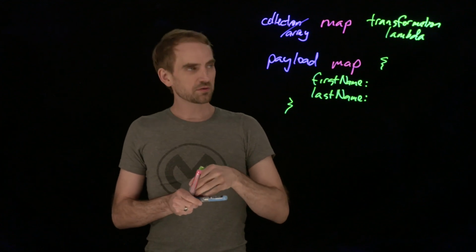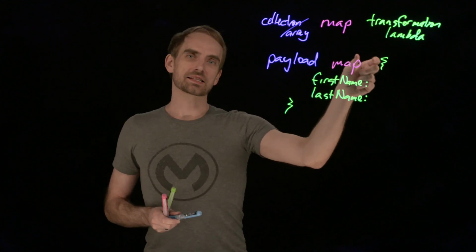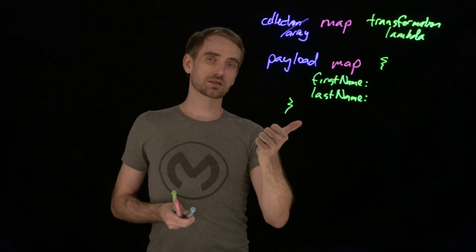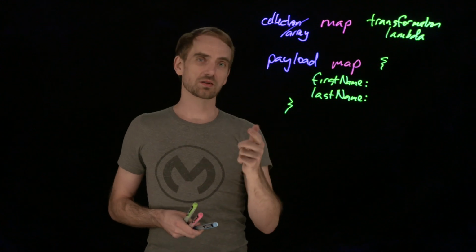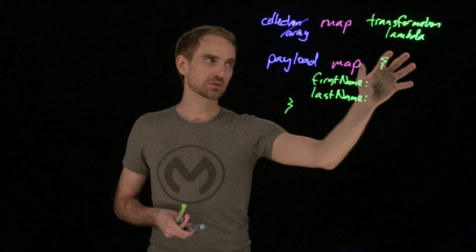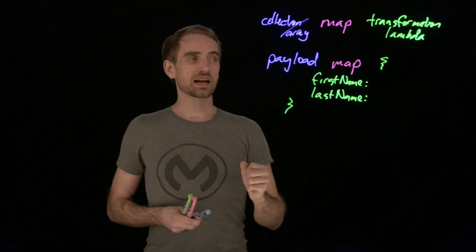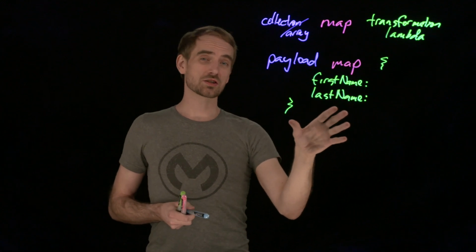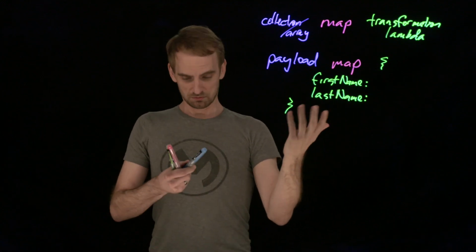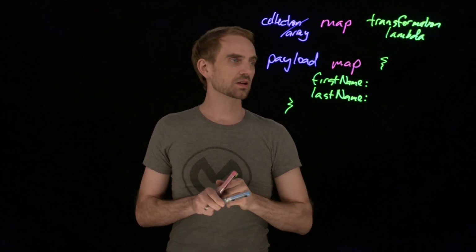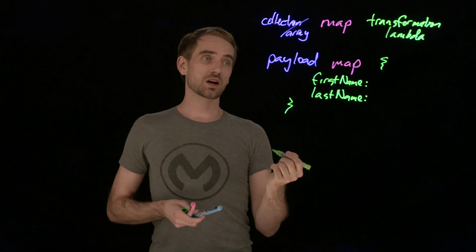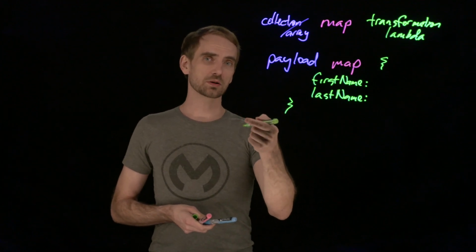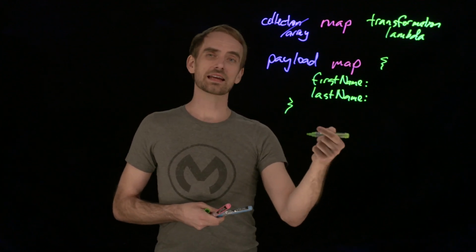Now, if I don't give a little bit more syntax here, I'm going to have to use the $ and the $$ to get to the first and the second input into this function. Now, this requires looking at the documentation to know what those are, but for our purposes, I can let you in on the secret that $ is going to point to the individual record, and $$ is an index.